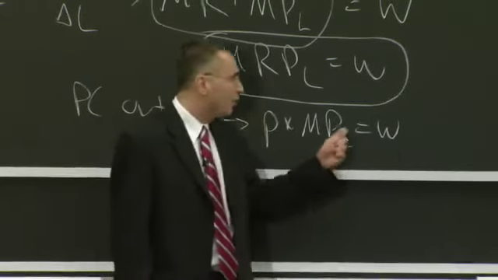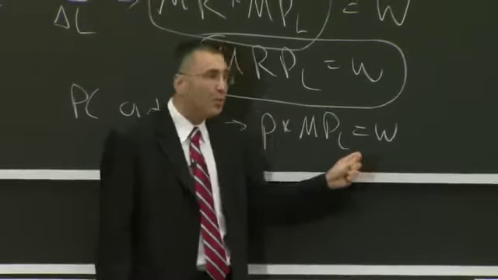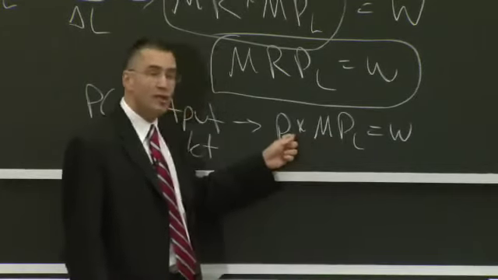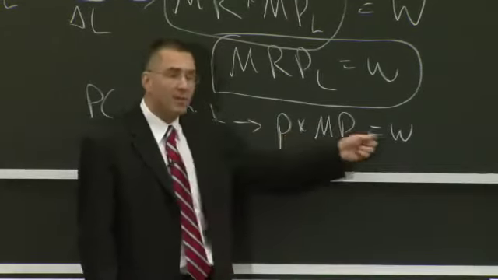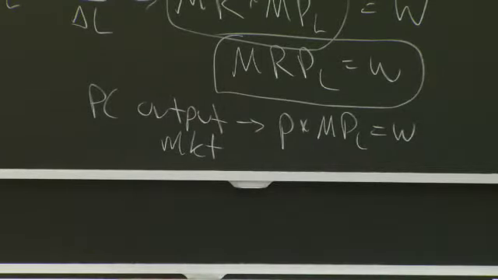You hire until the wage you pay that worker is equal to the price you sell your good for times how many goods that worker produces. If one worker produces 100 goods, and each good sells for 100, then you're willing to pay the worker $10,000. That is going to determine your demand curve.